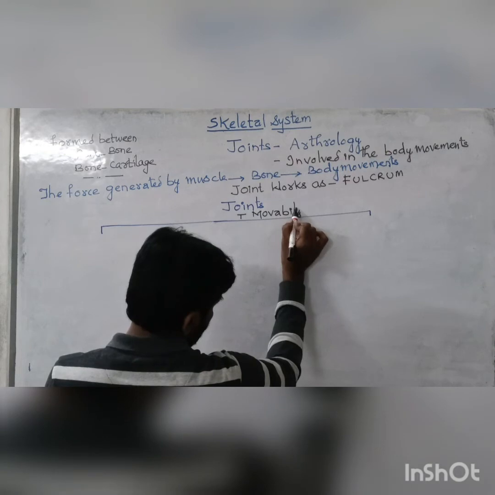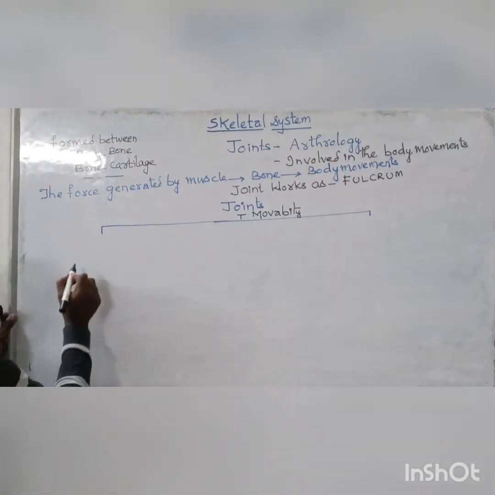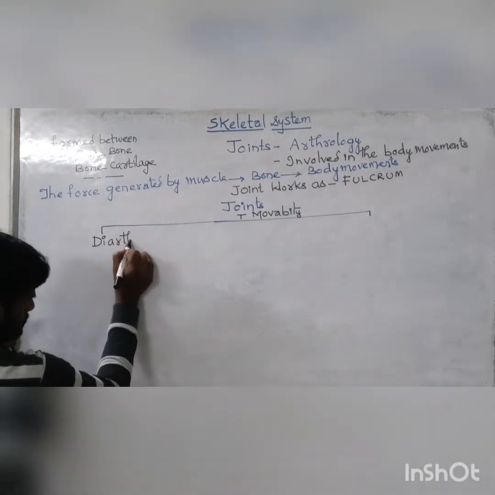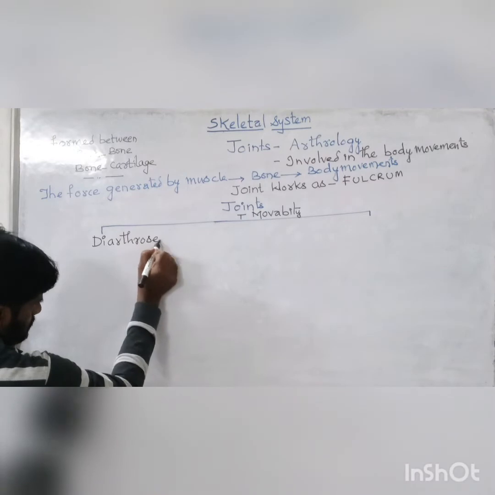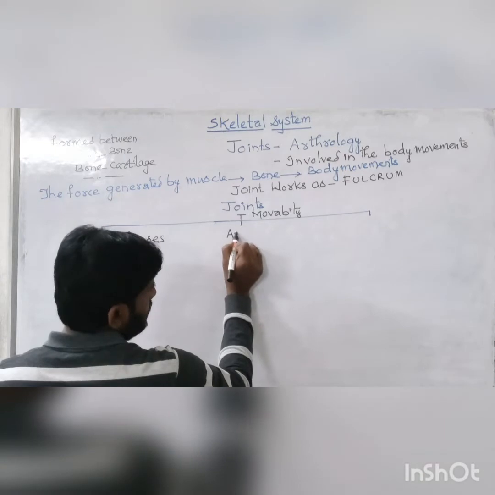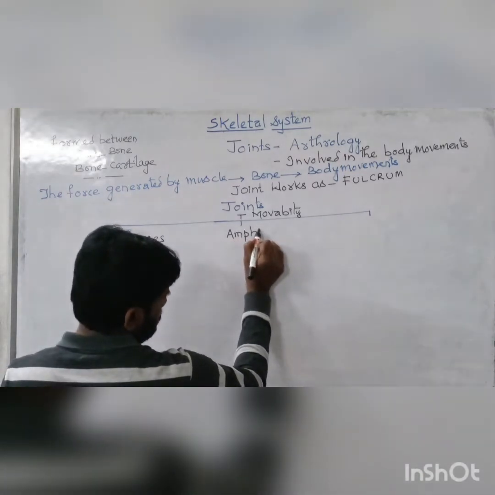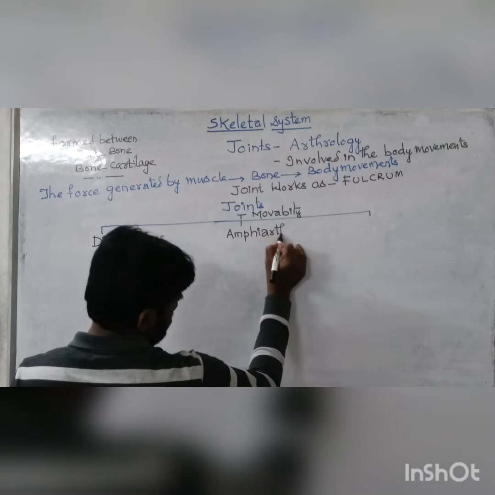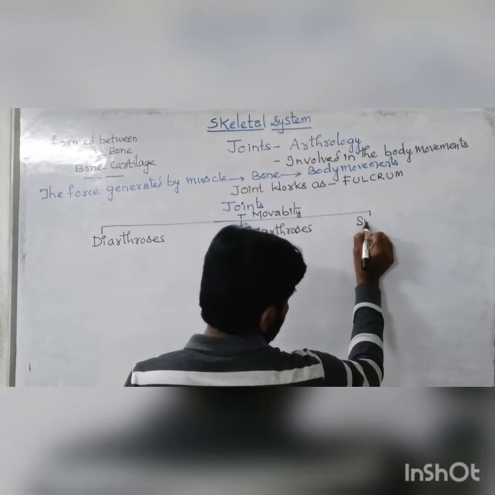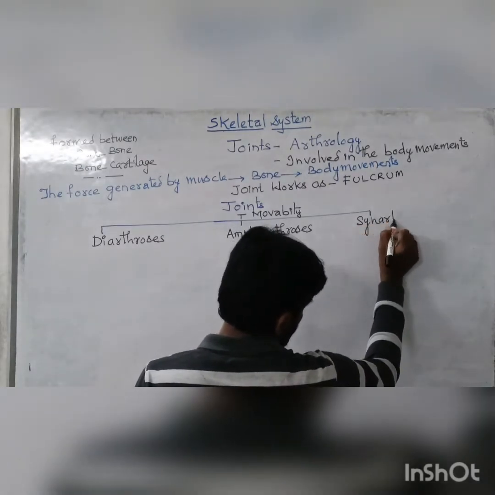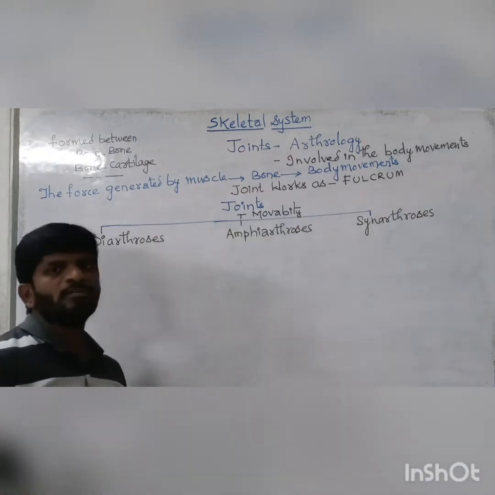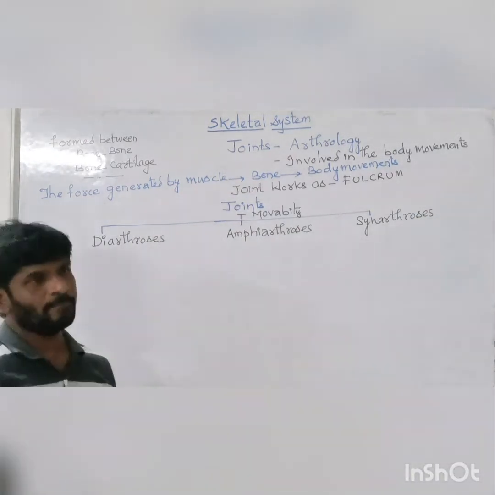One is called the diarthrosis, the second is amphiarthrosis, and one more, the synarthrosis. These are three types of joints depending upon the movability.